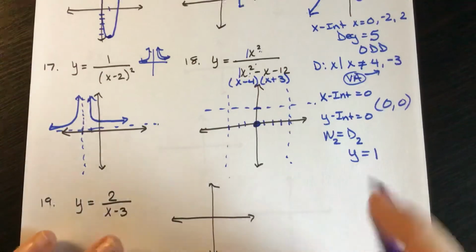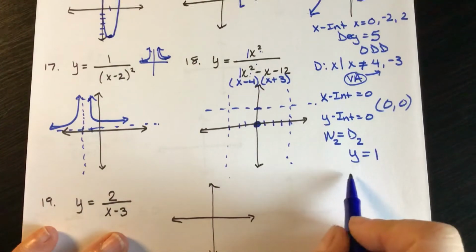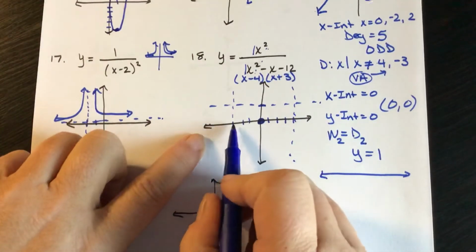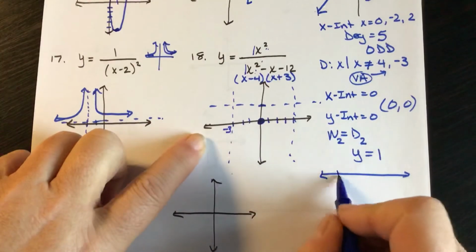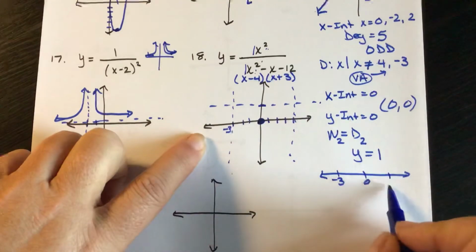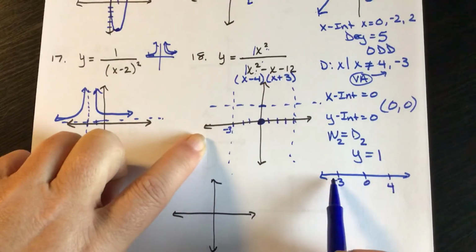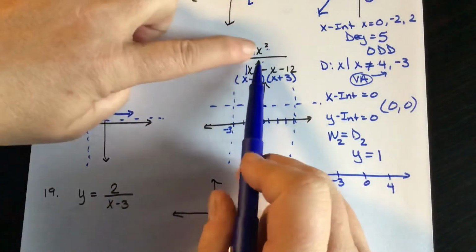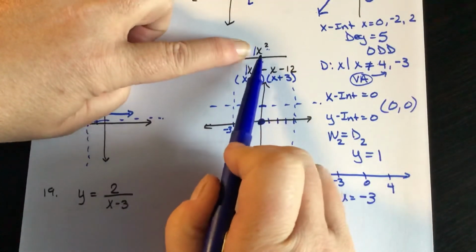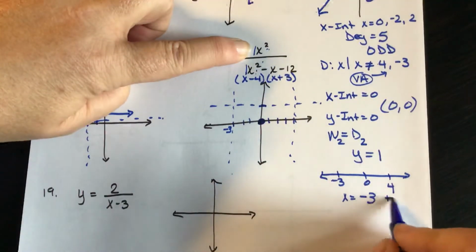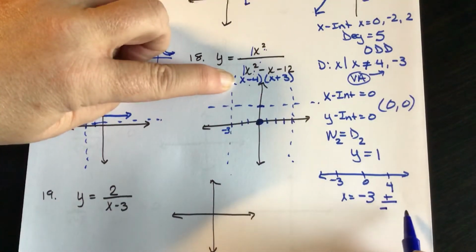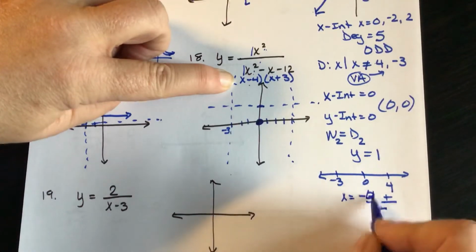So now I need to determine where do I have positive and negative parts of my graph. So the important parts on the x-axis are at negative 3, and at 0 I have an intercept, and at positive 4. So at negative 3, if I plug in negative 3, I have a positive on the top because negative 3 squared is positive, and on the bottom I have negative 3 minus 4 is a negative, and negative, let's try negative 4. I shouldn't use that.